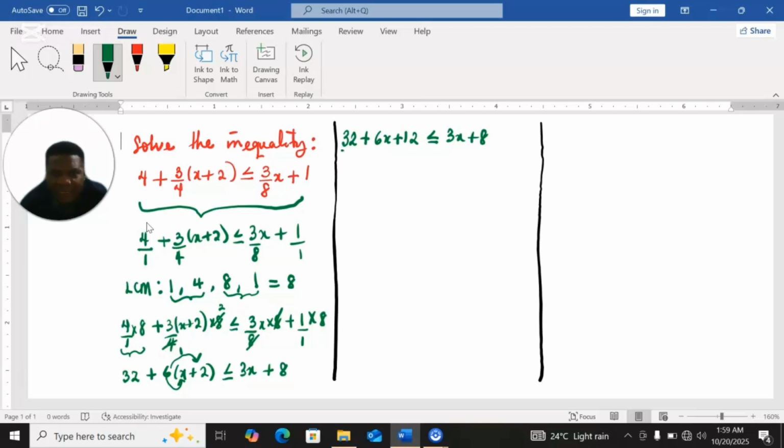But let's move a step further to making the problem easier. So since 32 and 12 are constants, let's add them to get 44 plus 6x here is less than or equal to 3x plus 8. I think that's better.